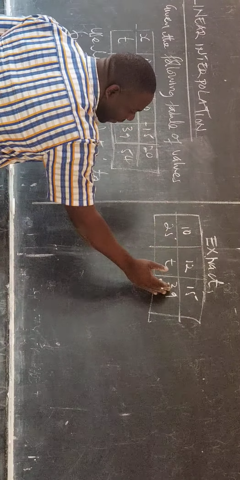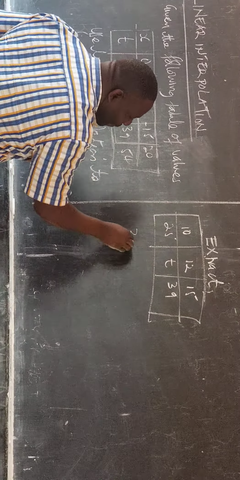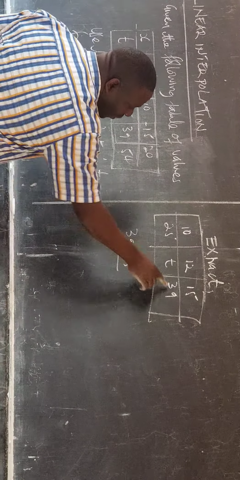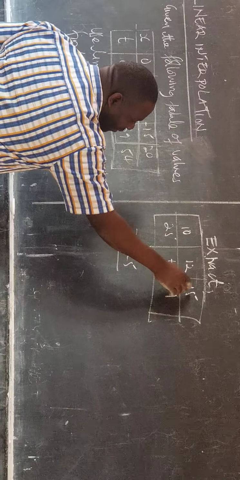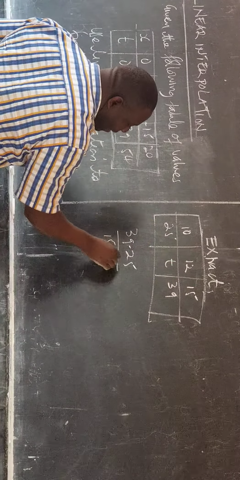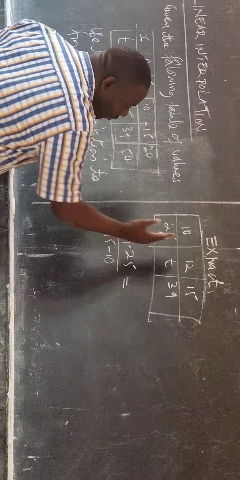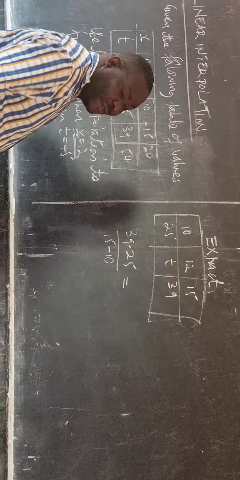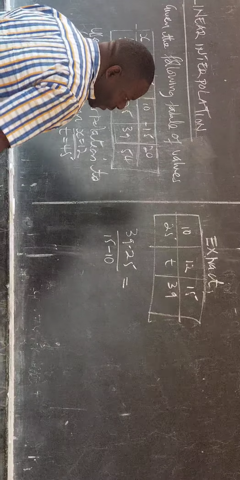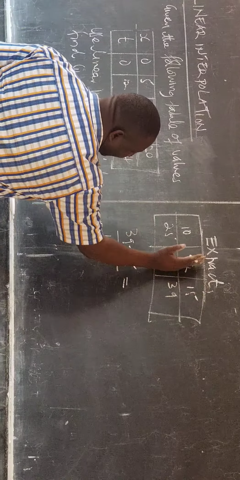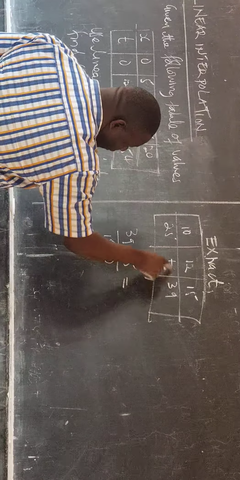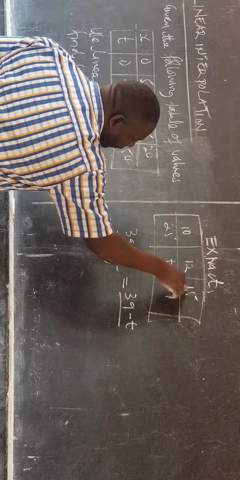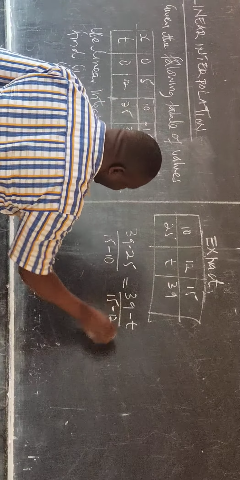Changing y is 39 minus 25, over changing x, which is 15 minus 10, equals... you can choose to use this one and this one, or this one and this one, as long as we have included the value of t which we are looking for. So we shall have 39 minus t over 15 minus 12.